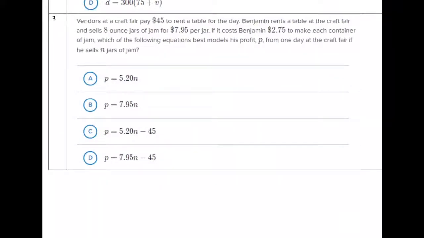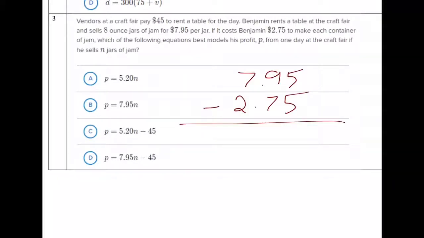Number 3. Vendors at a craft fair pay $45 to rent a table for the day. Benjamin rents a table at the craft fair and sells 8-ounce jars of jam for $7.95 per jar. If it costs Benjamin $2.75 to make each container of jam, which of the following equations best models his profit P from one day at the craft fair if he sells N jars of jam? If we want to figure out the profit that Benjamin makes per jar, we can take the price and subtract from that the cost.